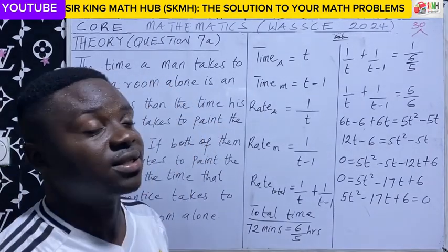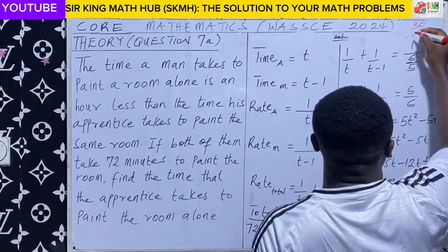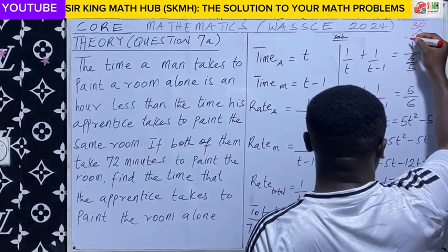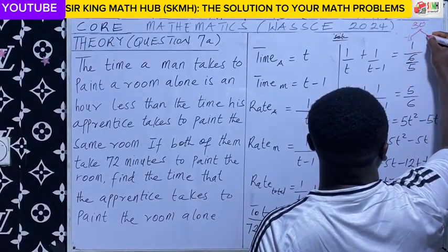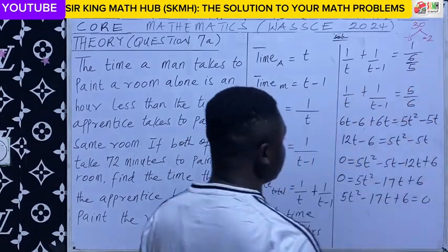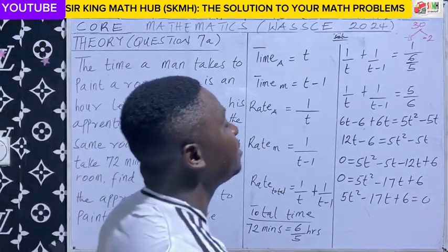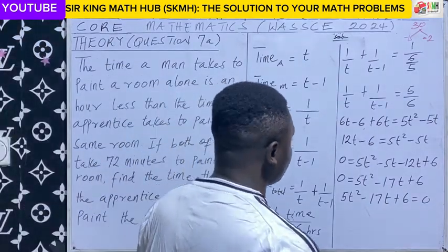So what will be the factors? I think that should be negative 15 and then negative 2. So these will be the factors: negative 15 and negative 2.